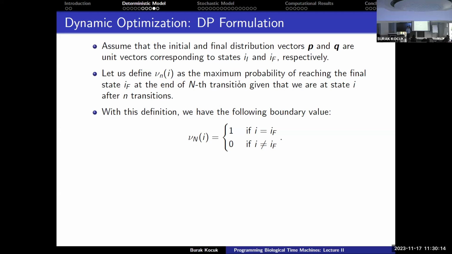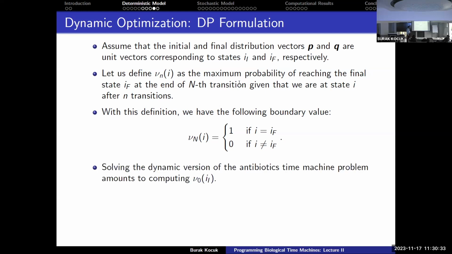So you can go backwards and find all these values, because you know the function at the last step. And to find the step before that, you go backwards. If you go backwards N many times, you end up with a value like this.